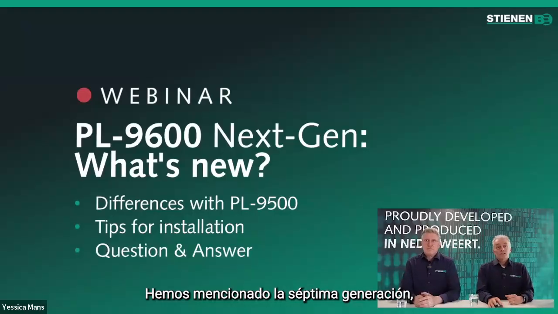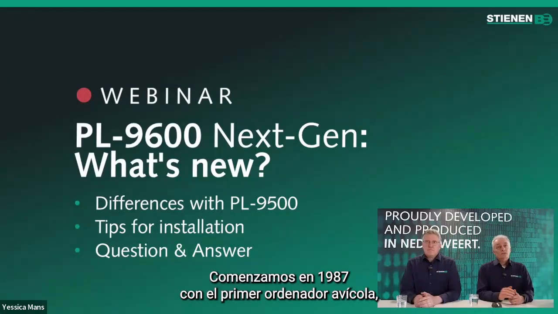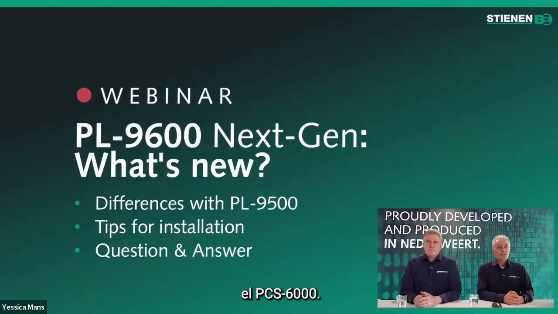I mentioned the 7th generation, but what are the predecessors? We started with the first pull-tree computer in 1987, the PCS 6000. In 1989, this was followed by the PCS 9000. In 1991, it was time for the PCS 9100.